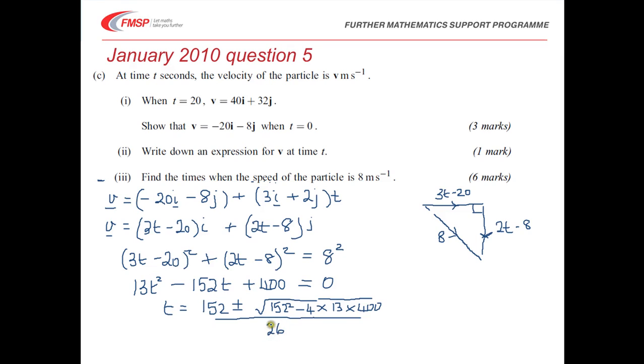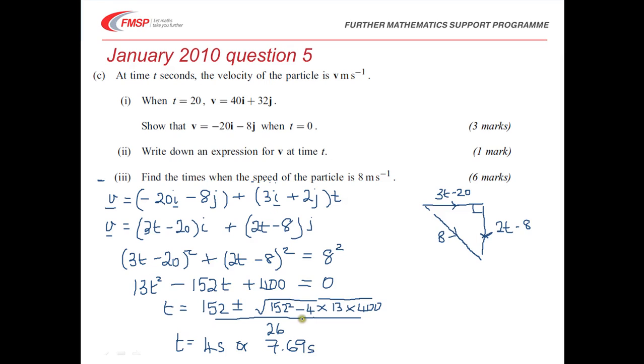And if you work that out, and you can use your calculators, then it gives us two answers, either t equals 4 or t equals 7.69. So either 4 seconds or 7.69 seconds to 3 significant figures.